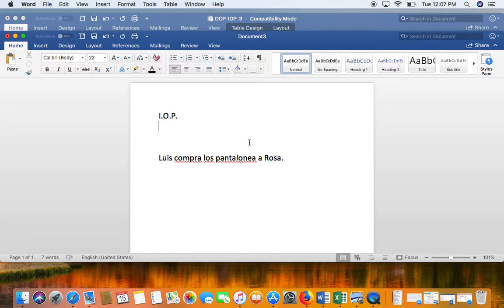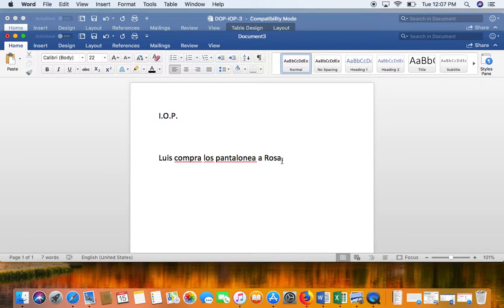Because Luis is doing something for Rosa. Again, the indirect object pronoun is used when you are doing something for somebody, or where the object is going to. So he buys pants for Rosa. He's doing something for Rosa, so I know we have to use an indirect object pronoun, and in this sentence we're missing it.